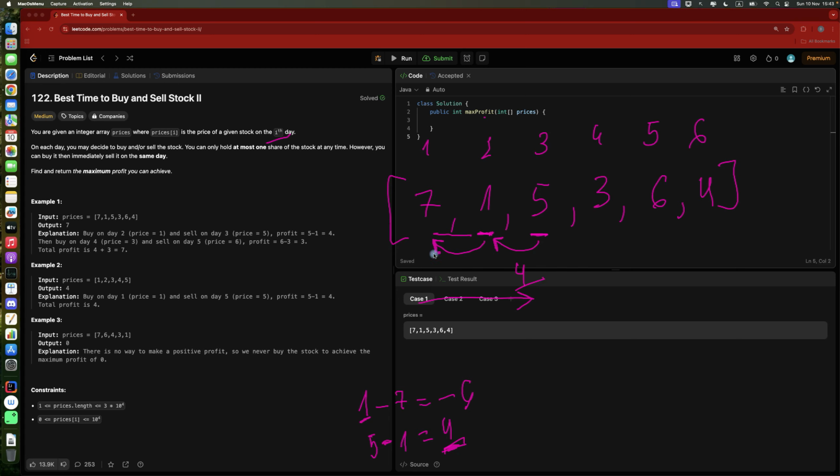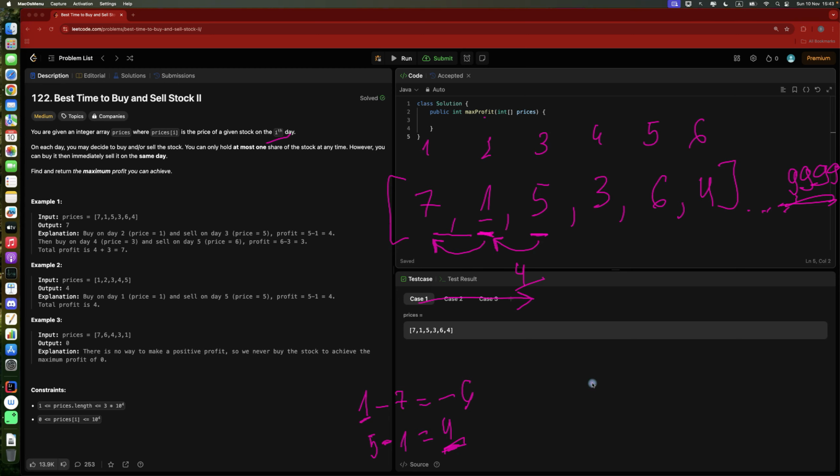I will not wait because you think, okay, I will buy at 1 and somewhere here there can be 9999 or something like this, and I will sell this one here, and this is the maximum profit.